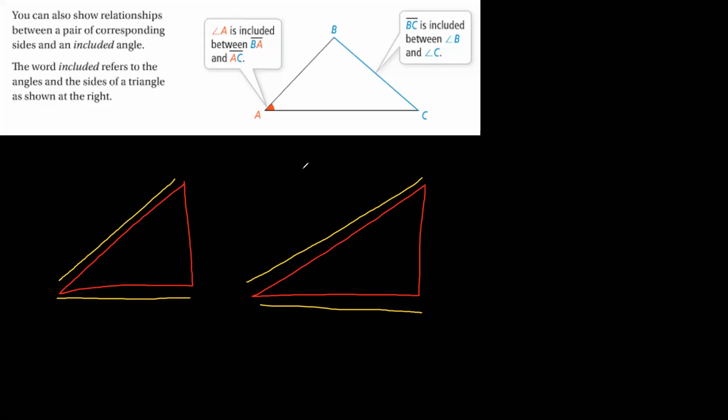It must be number one, number two, or number three? Number one. So it has to be here also. Now, if these two sides and the angle between them are congruent, I can say that the two triangles are congruent.